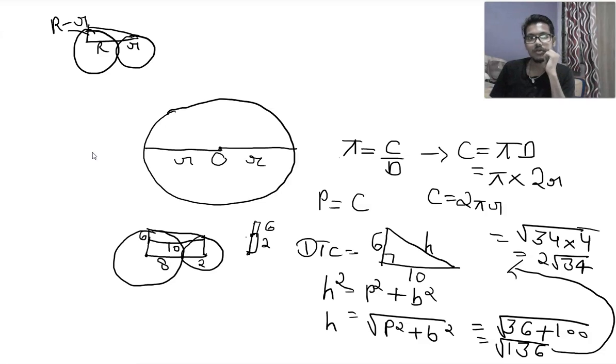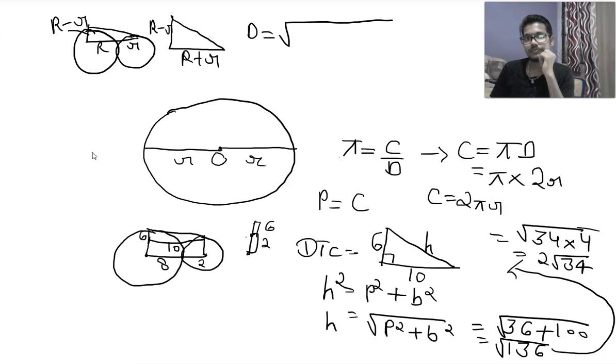This figure is drawn as R minus r, and the base is R plus r. So what is the direct common tangent? d equals under root of (R minus r) whole squared plus (R plus r) whole squared.